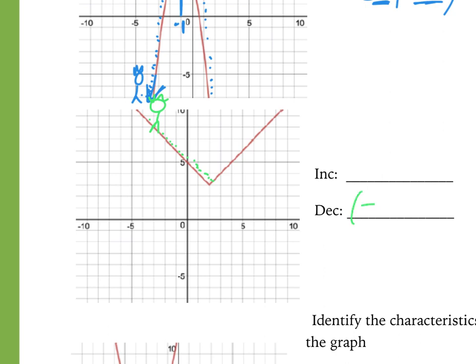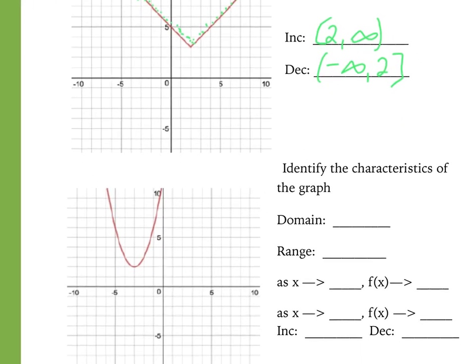Negative infinity to 2. So from left to right, negative infinity to 2. And now, Landon's going uphill from where? 2 to positive infinity. Good. Questions on that? It's okay if you got it wrong. Just make sure you make your corrections so you know moving forward what to do.